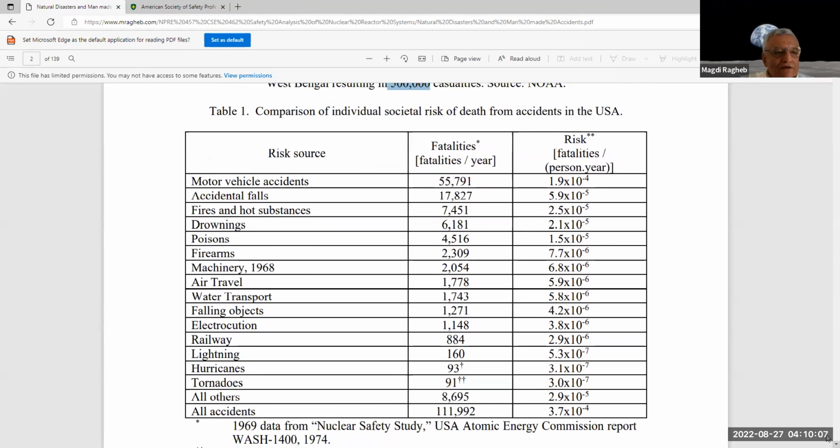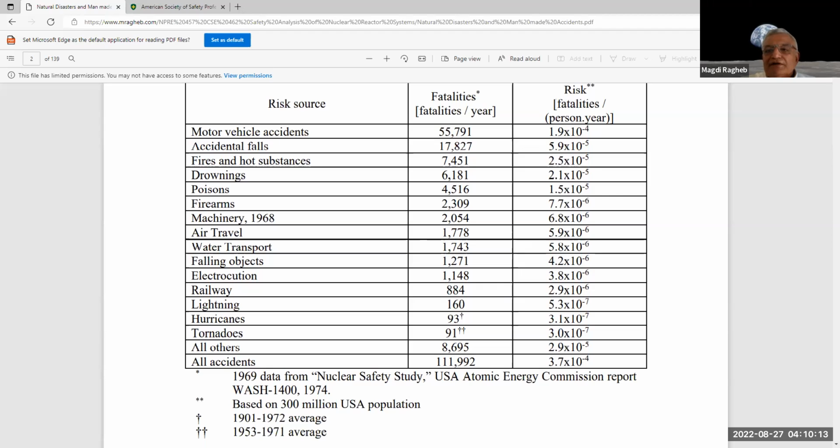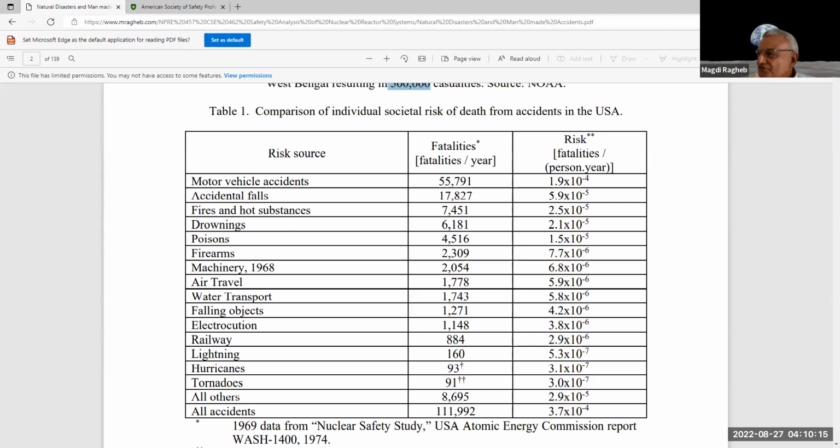All right, so here we try to create a comparison now, and that comparison is going to help us define the concept of risk. So whenever we construct an engineering structure, we think about what is the risk involved in our design.